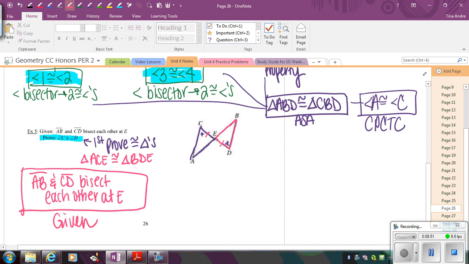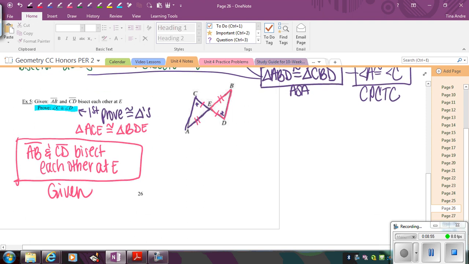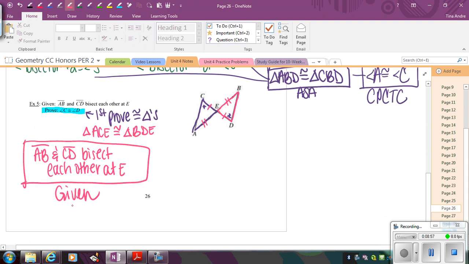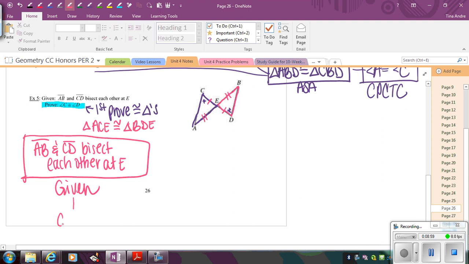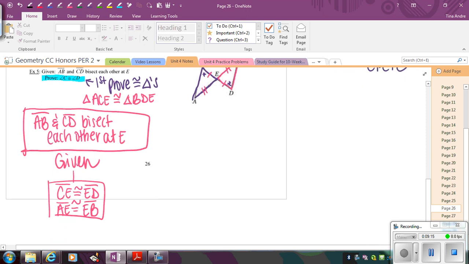So it means I have these two parts are equal and then these two parts are equal. So from here I can actually make two conclusions. So I can say CE is congruent to ED. And I can also say that AE is congruent to EB. And I group those together because I'm going to use the same reason for them.